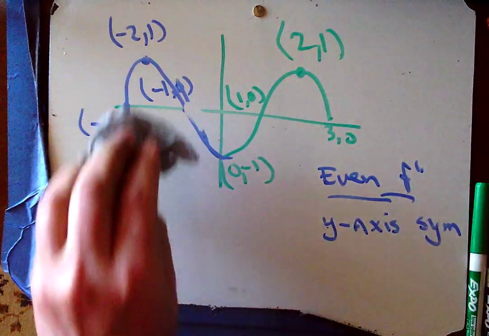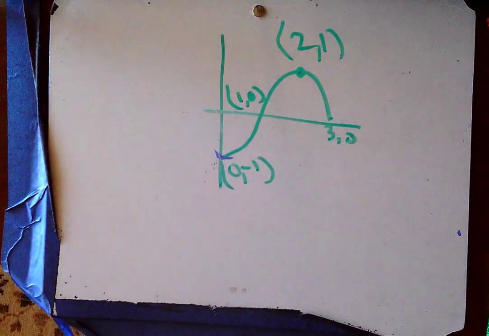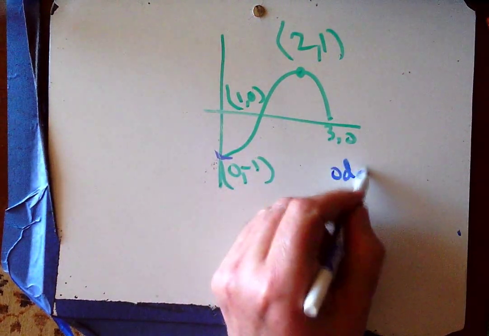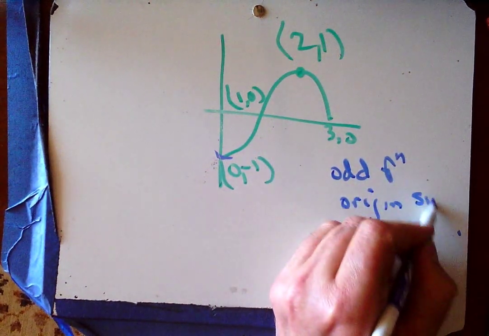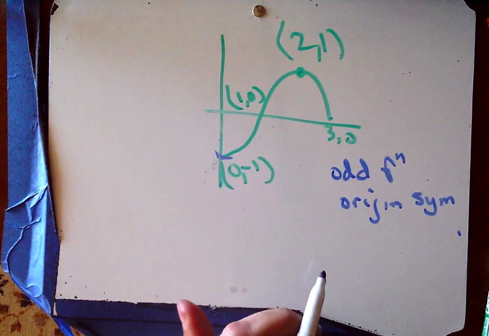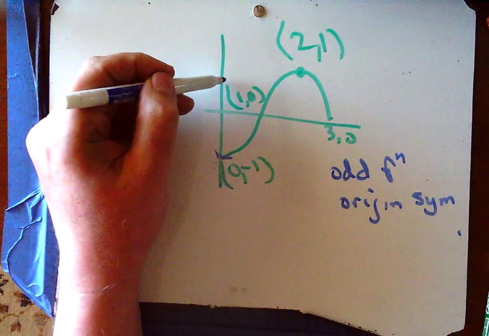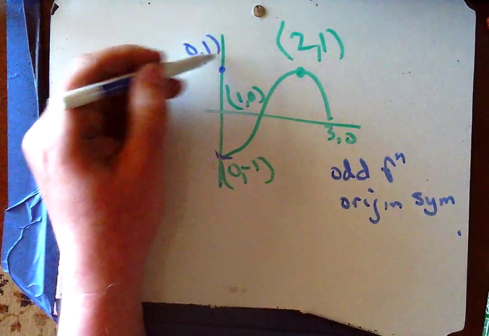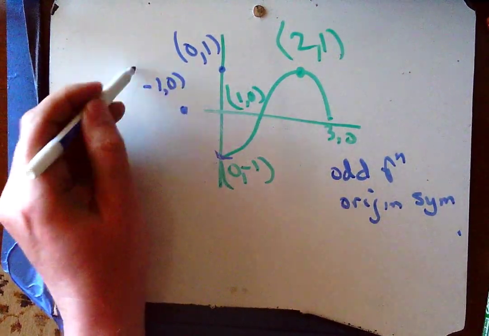Hey, so what would it look like if instead I had asked for an odd function? Remember, an odd function has origin symmetry. And with origin symmetry, we said we needed to change both the x's and the y's. So this point will become 0, positive 1. This point will become negative 1, 0.